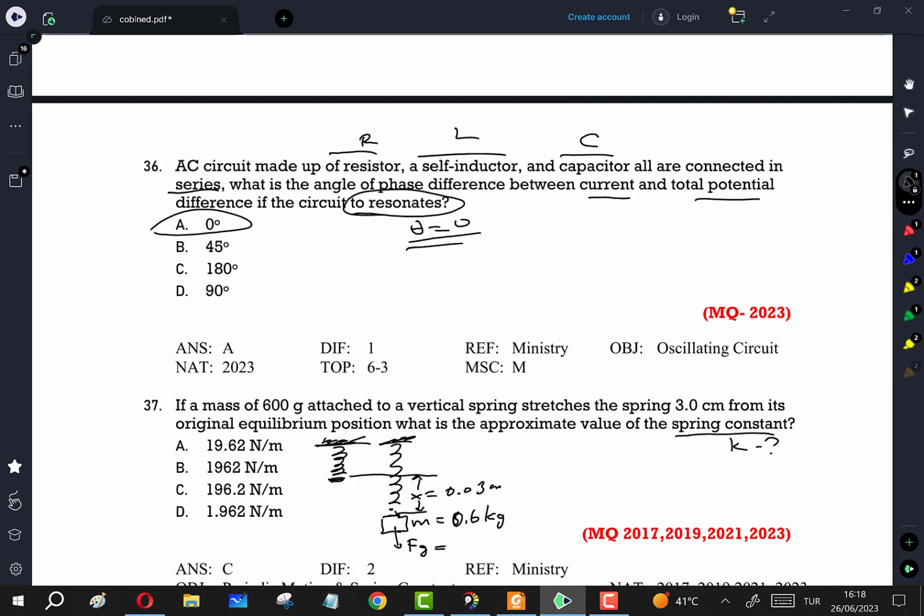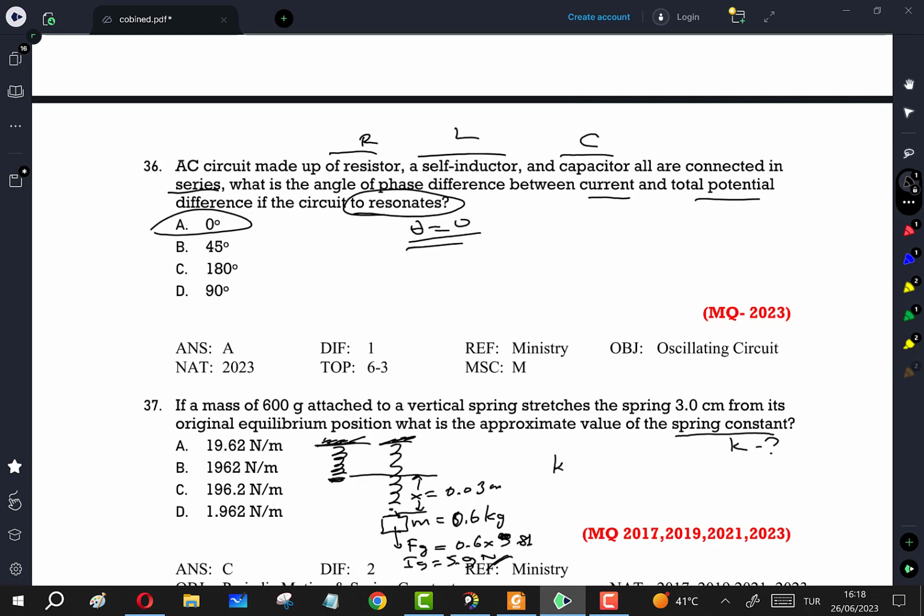Fg must be calculated, which is m times g, 0.6 times 9.81. So let's calculate how much Fg is. 0.6 times 9.81 is 5.88, about 5.9. Fg is almost 5.9 Newton.